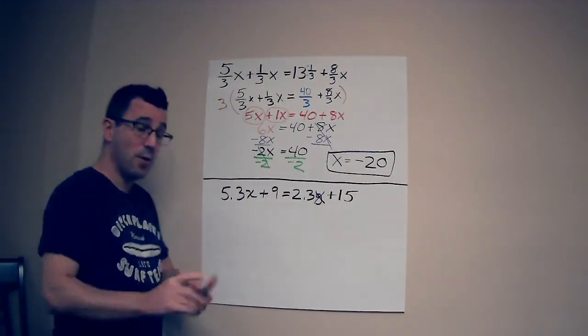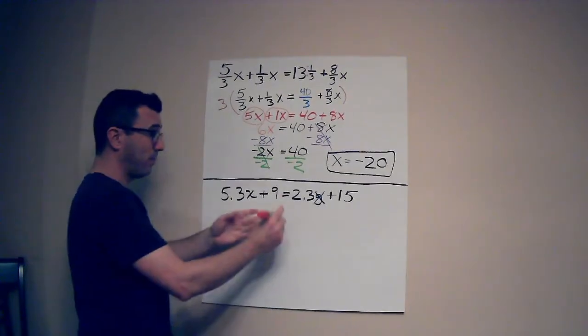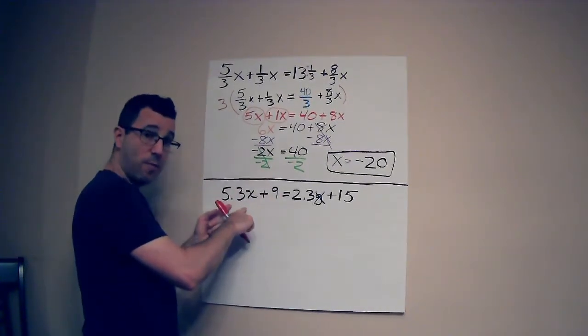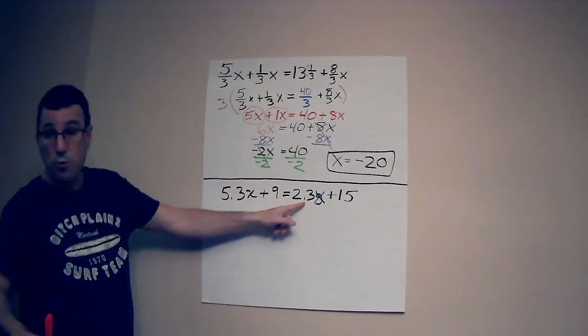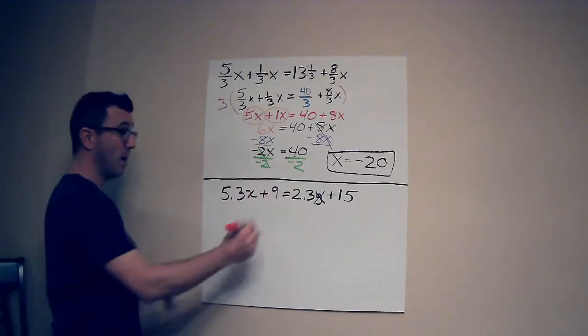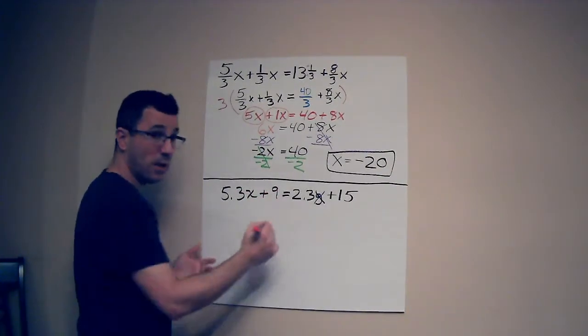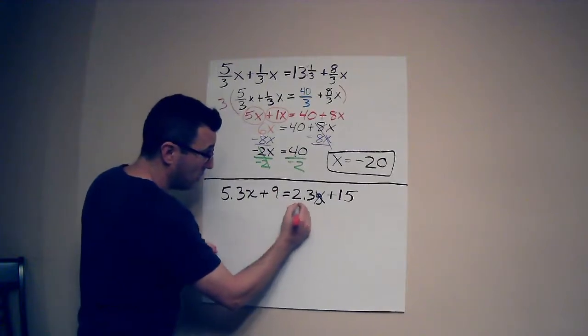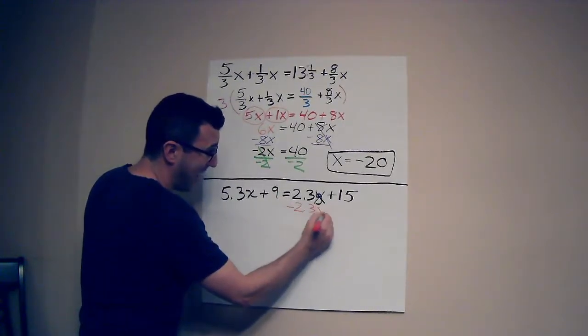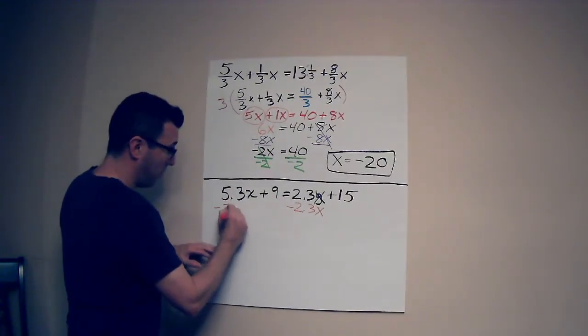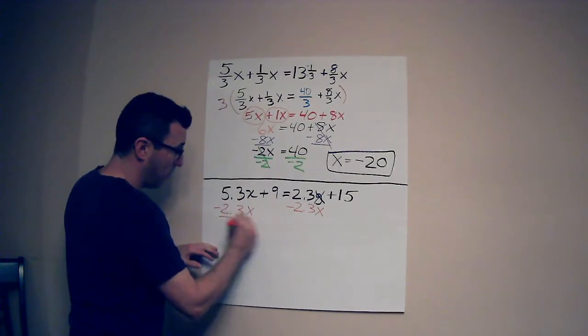So what I'm going to do is say which one's smaller, 5.3 or 2.3. And now obviously 2.3 is smaller, so I'm going to subtract 2.3x from both sides.